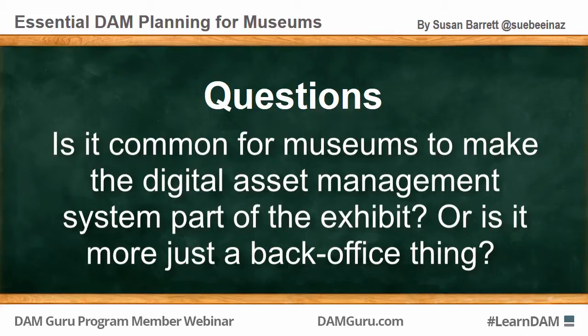So the system is part of the exhibit in that it's the place where you exhibit. So again, that has to come back to the goals of your specific institution. If you're simply looking for a place to archive your materials, then that would not be a place that's integrated with online exhibits. The DAM system is what manages the assets.